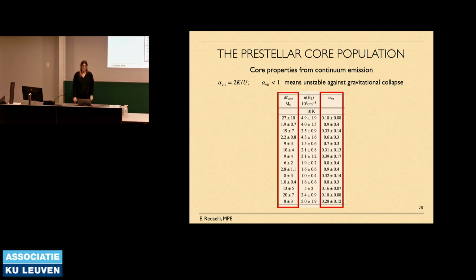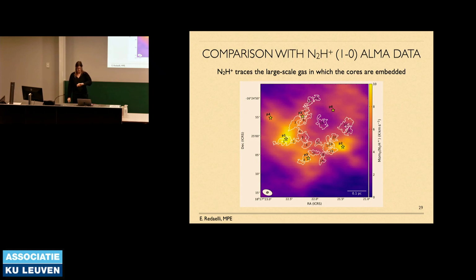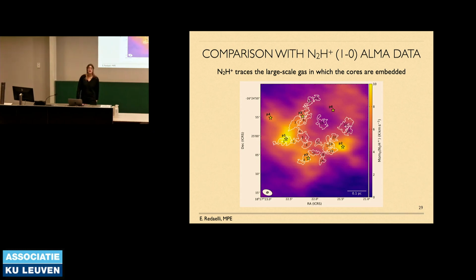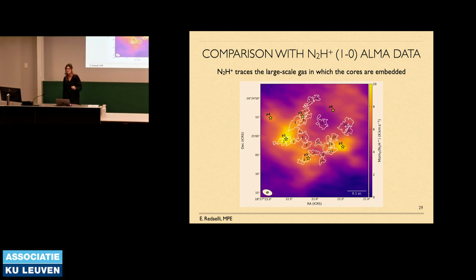So we could do something more about this, which is we combined what we just saw with information coming from another very abundant ion, N2H+, which is a slightly lower density tracer. So what we are looking at is not really the core, but the gas that is embedding it, the clump scale gas in which the cores form or evolve, okay?